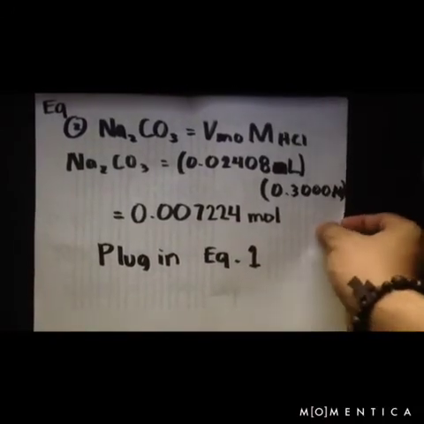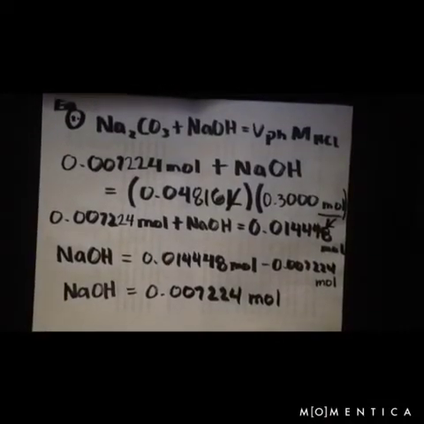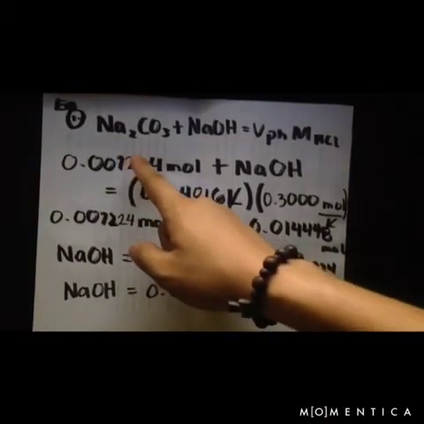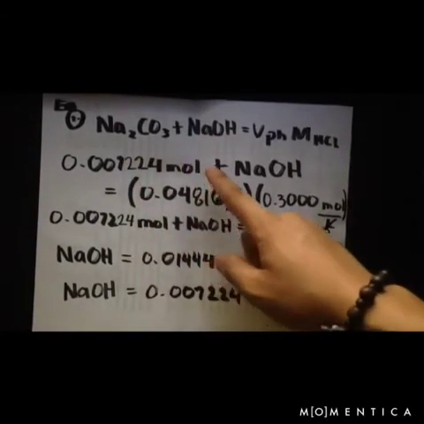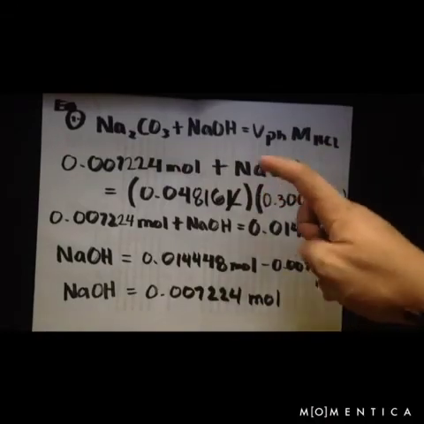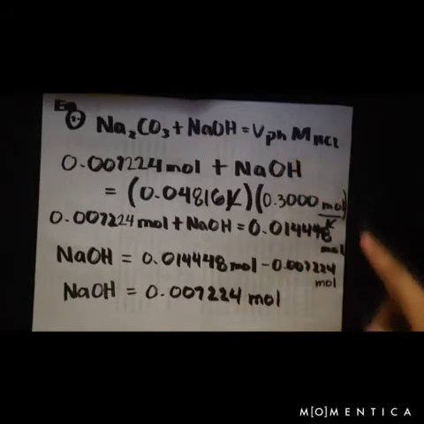Then plug in the values to equation 1. Sodium carbonate plus sodium hydroxide is equal to the volume of the acid with the indicator phenolphthalein times the molarity of hydrochloric acid.